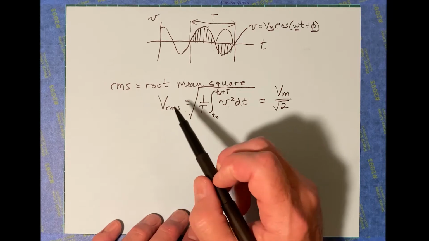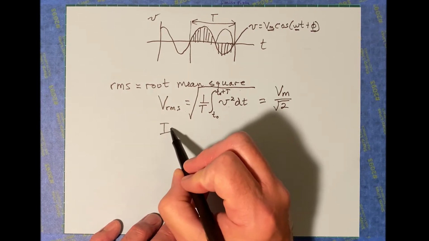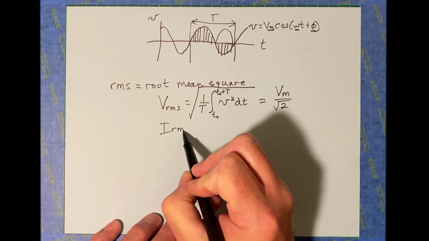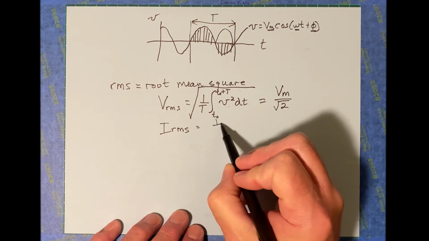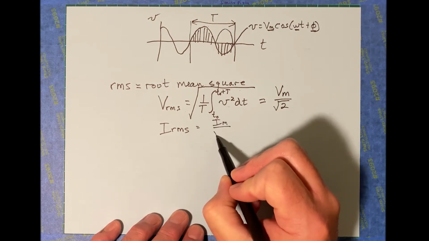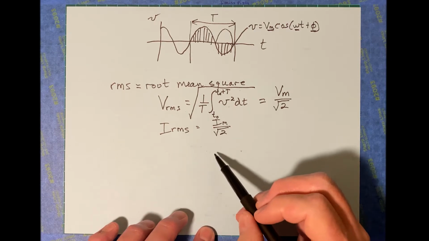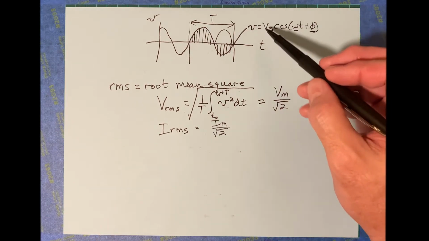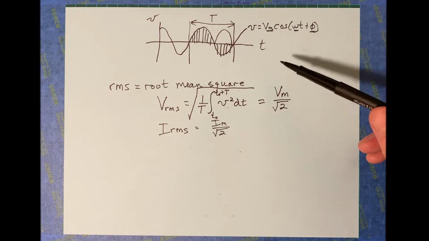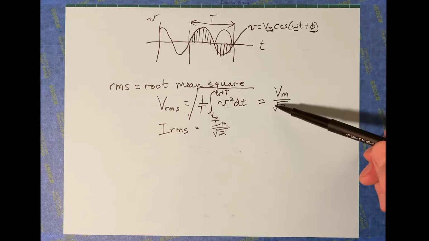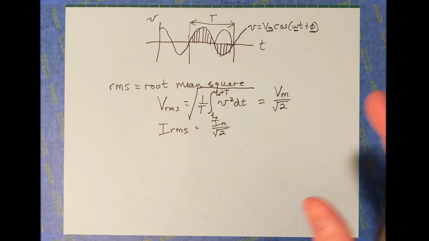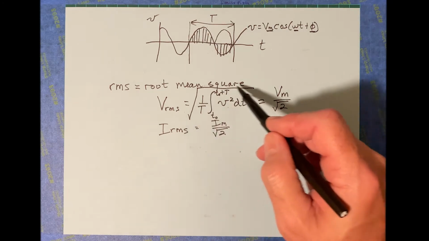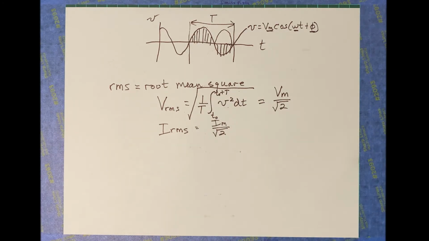Now, we were talking about the voltage RMS, but this would also work for the current. The current RMS is going to be whatever the maximum current is divided by square root of 2. So regardless of what you're talking about, if you need the RMS value of some sort of sinusoidal function, you just take its maximum divided by square root of 2, and that's what this whole root mean square turns out to be.